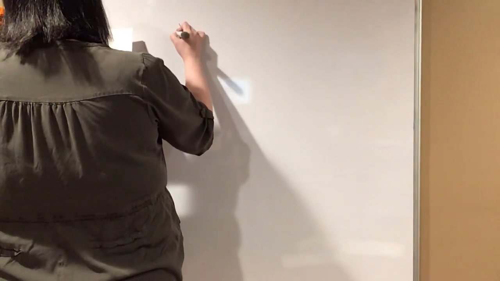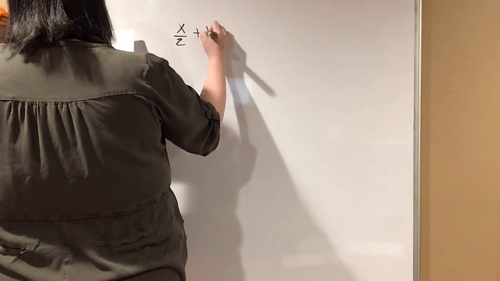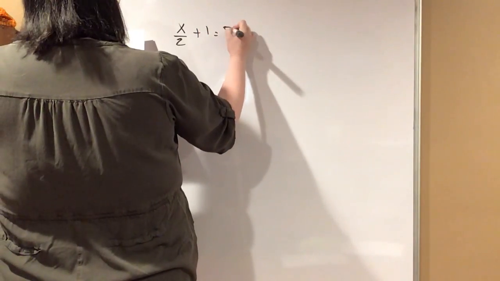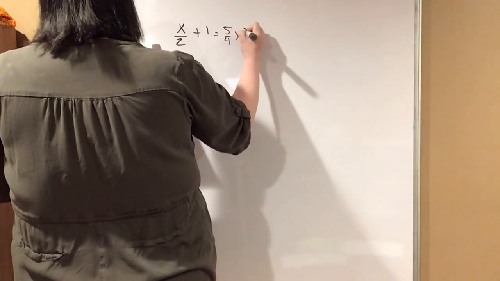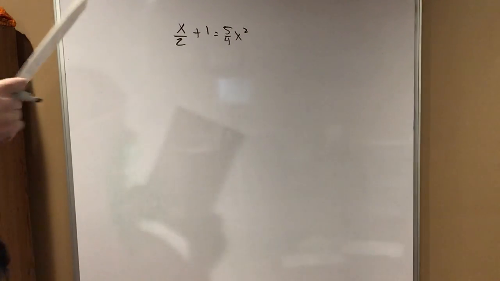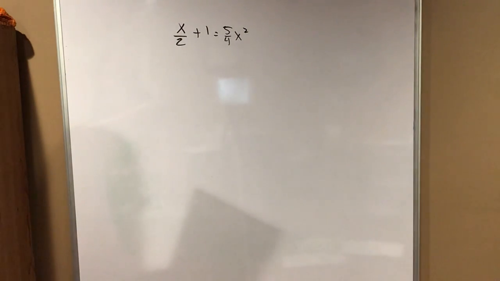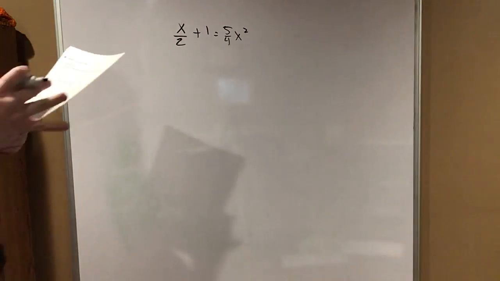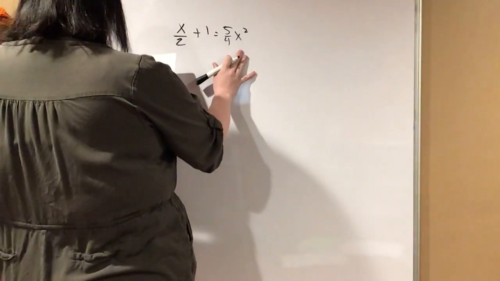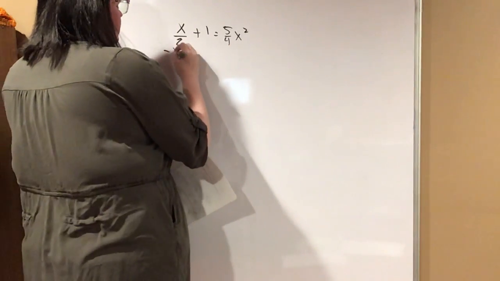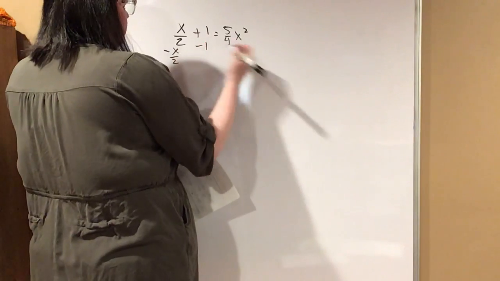So we're given x over 2 plus 1 equals 5/4 x squared. Okay, so we look at this, and I want to move things. I want to keep my x squared positive. So I'm going to minus my x over 2 and minus my 1.